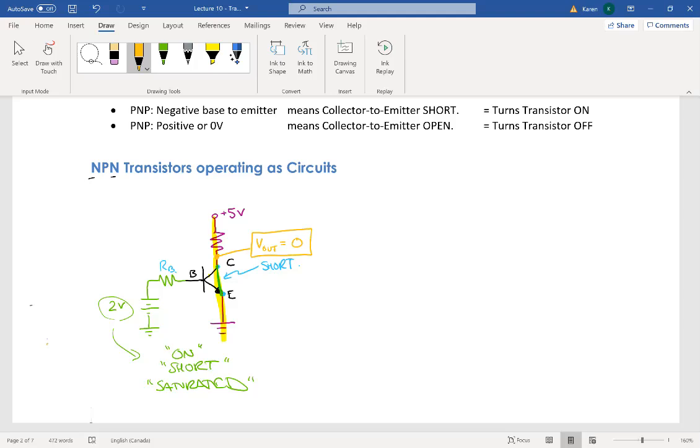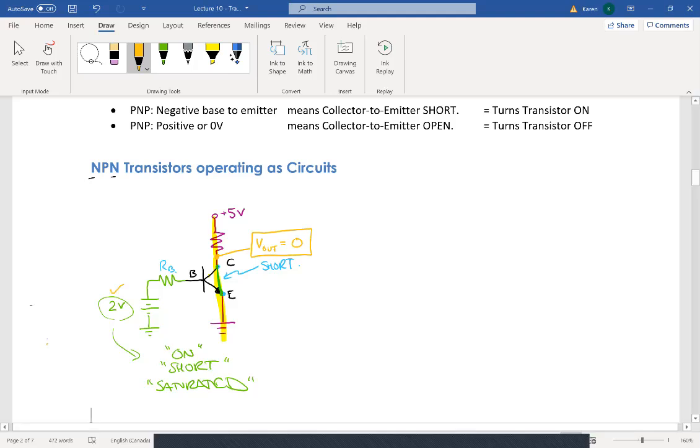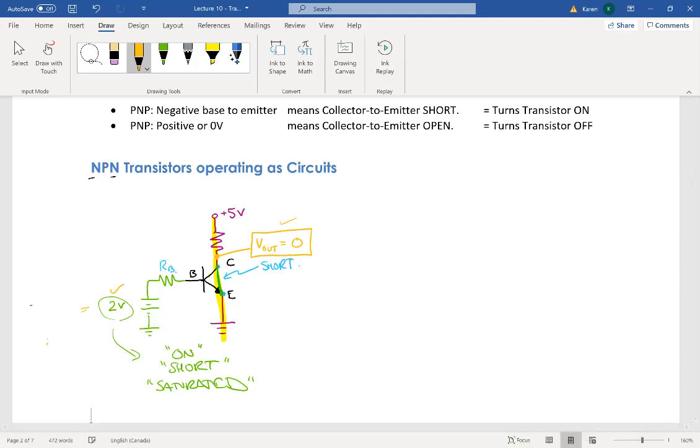So what I've done here is I've put a positive voltage in. That gives me a V out, if I were to measure it here, of 0. So I put basically a binary 1 in. Well, let's not worry about that right now. So what I've got is 0 volts out.